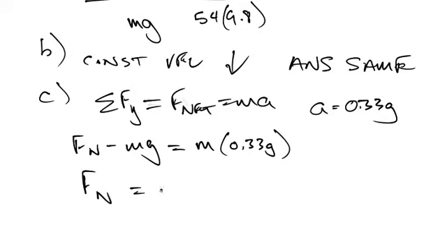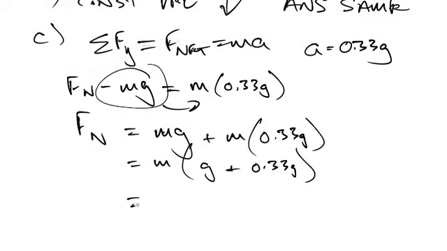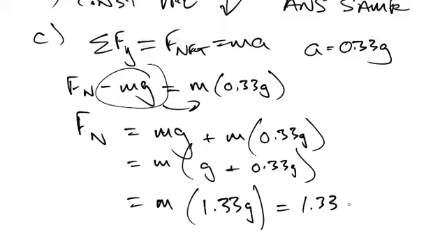And so we can take the mg term to the other side, and it becomes a positive. We can factor out this m here and here, and we get g plus 0.33 g, and we can therefore add those two, and we'll get m times 1.33 g, and that's our answer, or 1.33 mg.